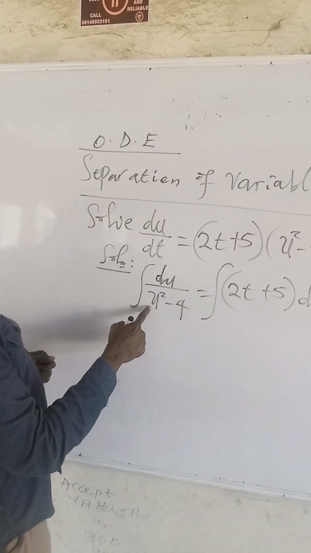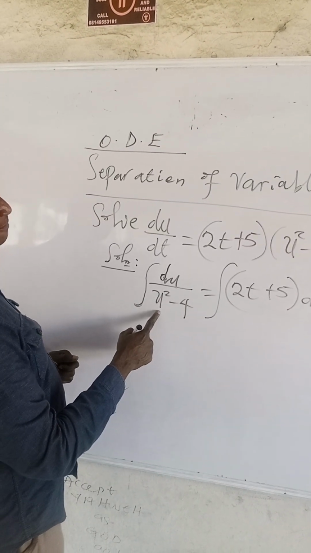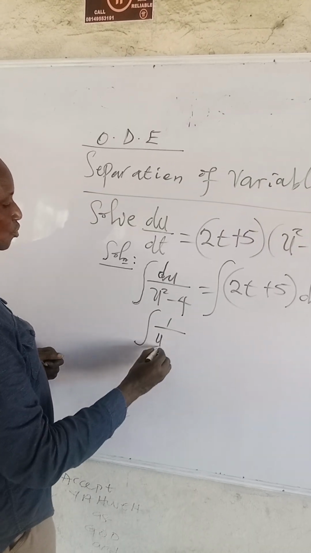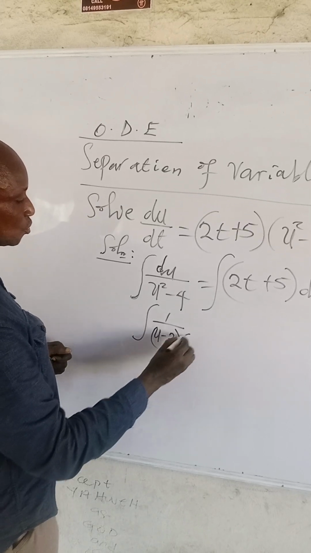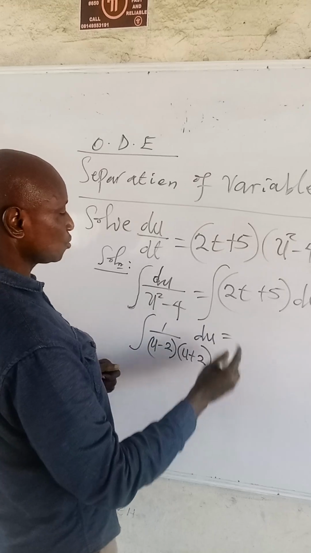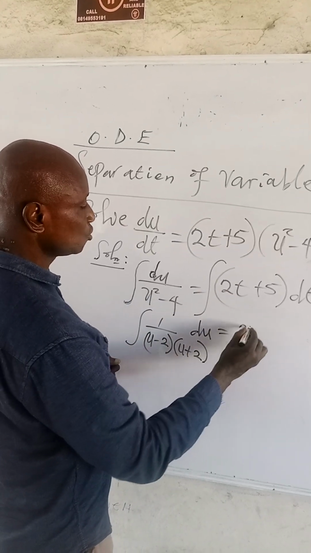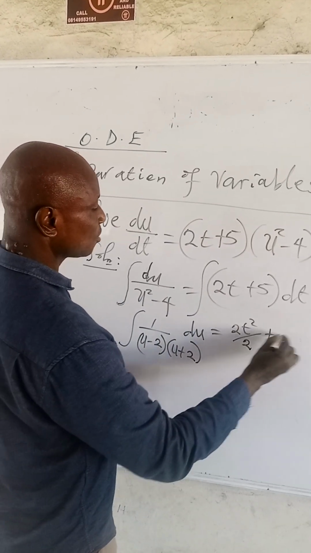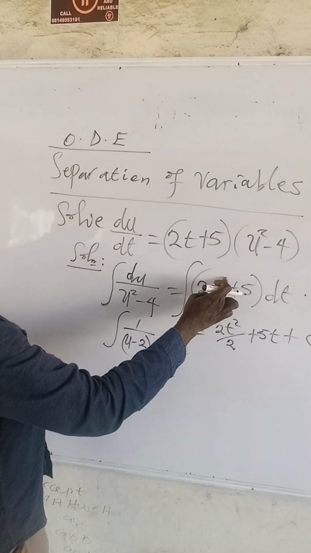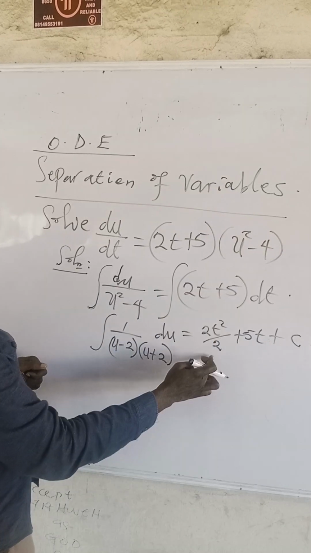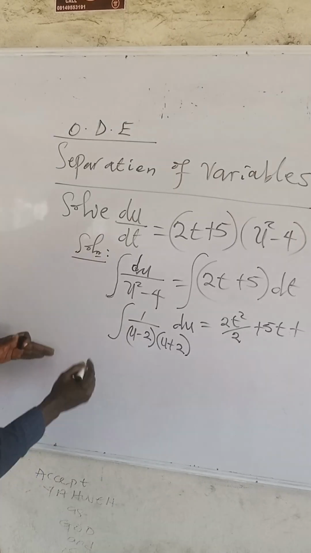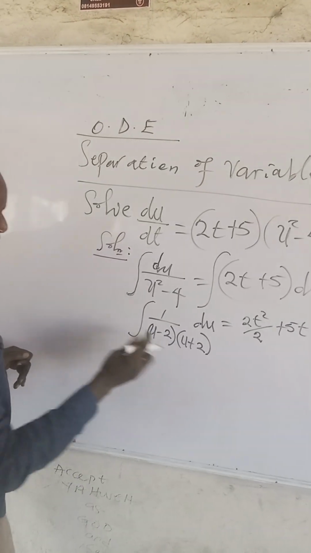Because this is a difference of squares, that gives you the integral of 1 over (u minus 2) times (u plus 2) du, equal to the integration of this, which gives 2t squared over 2 plus 5t plus an arbitrary constant c. Then you use the partial fraction methodology for this.